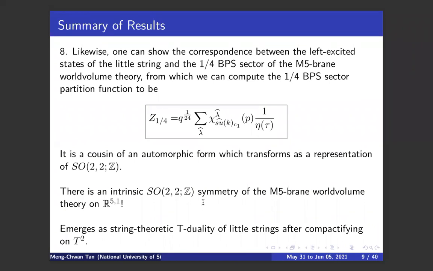You're not looking at the lowest energy states, and therefore you're looking at the stringy excitations of the string, and therefore that's why a T-duality actually emerges. So in hindsight, the results are consistent, okay? And if you notice that they manifest when we compactify only on T^2, that is also because we are looking at the discrete light cone quantization of the little string theory and therefore the M5-brane worldvolume theory.